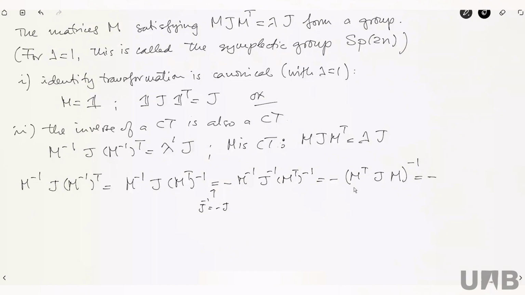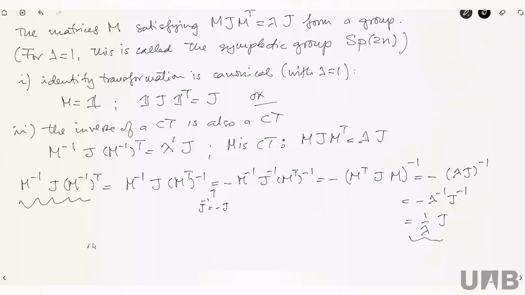But if M is a canonical transformation, then this condition here is true. So then this is minus lambda J minus 1, which is nothing but minus lambda minus 1 J minus 1, which is nothing but 1 over lambda times J, because J minus 1 is again minus J. So what we find is that this equals that.